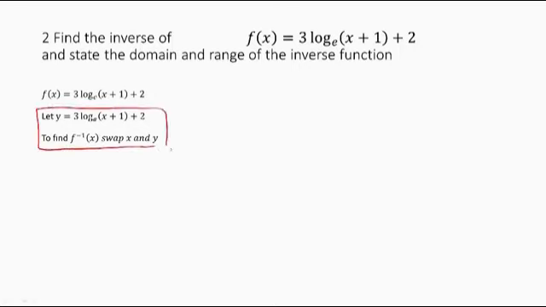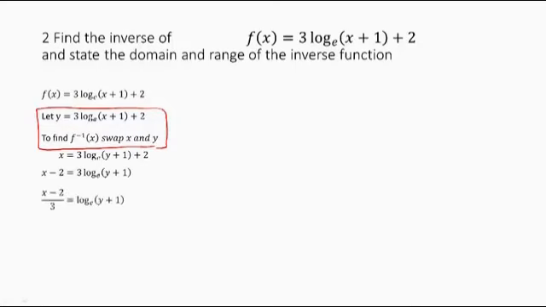Now we're just going to transpose to get the y by itself. So subtract 2 from both sides, divide both sides by 3. Now we've got natural log, log to the base e of (y plus 1). We're going to raise that to the power.